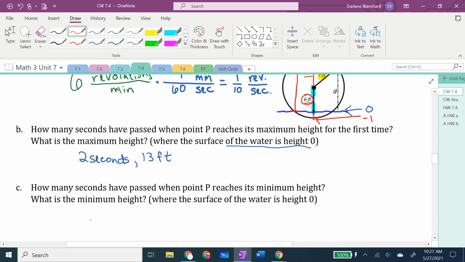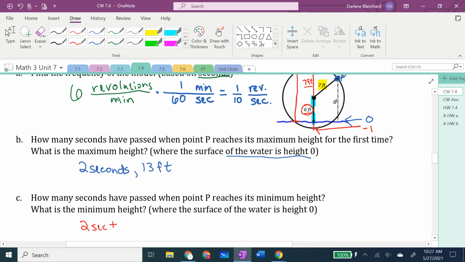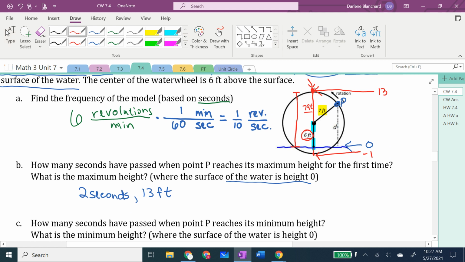So I want to take that 2 seconds and add how much time it takes for me to go from just the high point down to the low point. Do you see that that's actually half of a cycle? A full cycle would be going from the top all the way down to the bottom and all the way back up to the top to repeat again.